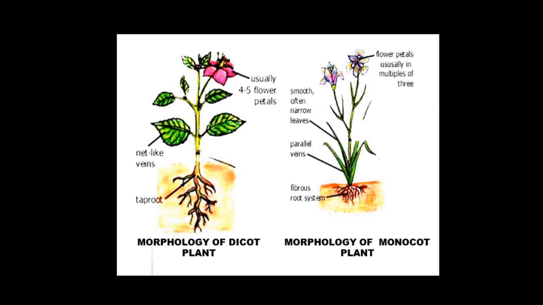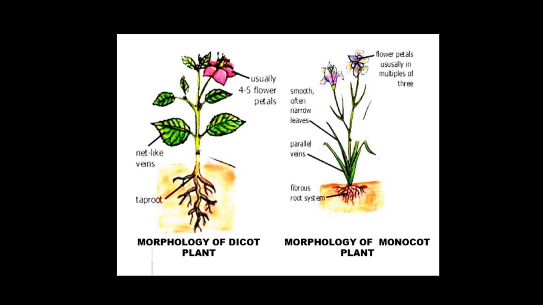Even in flower you can observe, whereas in dicot plants the flower shows 4 to 5 petals, that is tetramerous or pentamerous, whereas in case of monocot plants the flowers are usually trimerous, that is they contain 3 tepals.